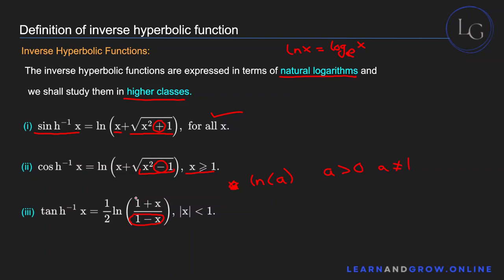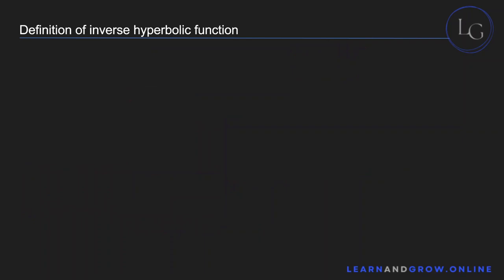And over here, you must fulfill that condition on this entire term, 1 plus x over 1 minus x. And these two conditions can only be fulfilled if the absolute value of x is less than 1. So basically, this states that x must be greater than negative 1 and less than 1. Okay? So, yeah. This is basically the 3 inverse hyperbolic functions.